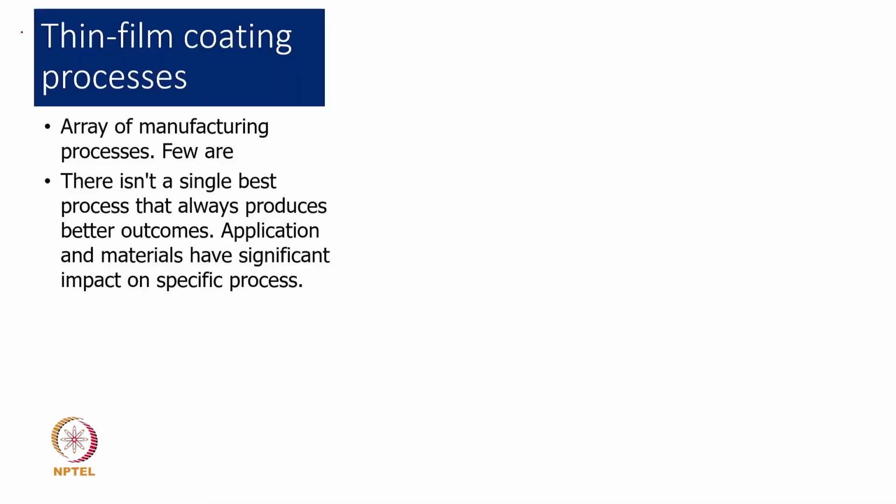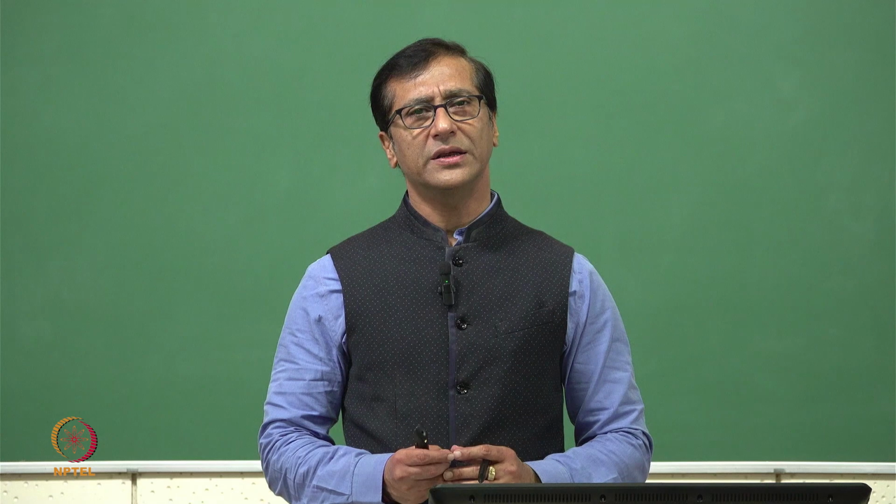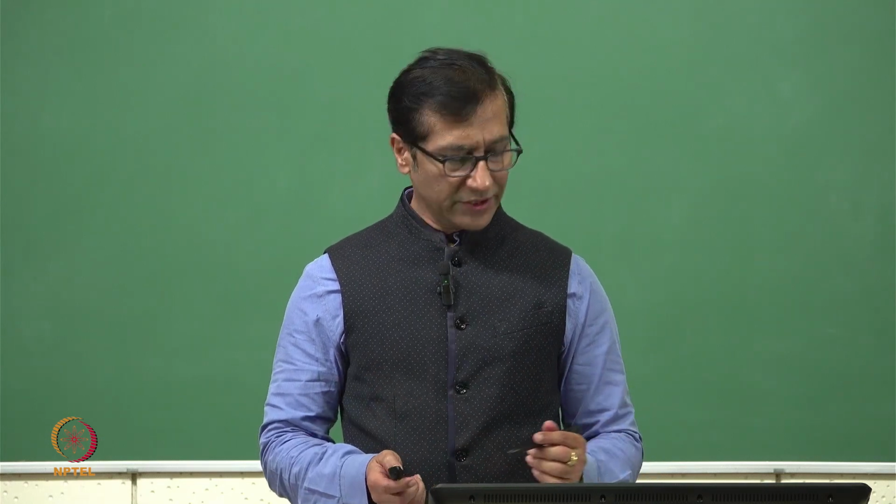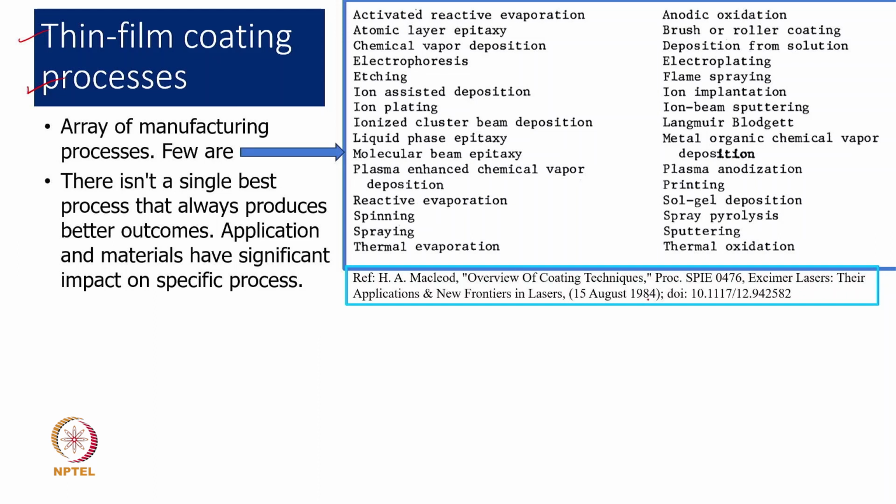Now, when we say thin film coating, we have many coatings available, and it is very difficult unless we find which characteristics we really require. Even in 1984 you find there were so many coatings available: chemical vapor deposition, etching, ion assisted deposition, ion plating, plasma enhanced CVD, reactive evaporation, and spraying also has a number of methods for how to spray the coating.